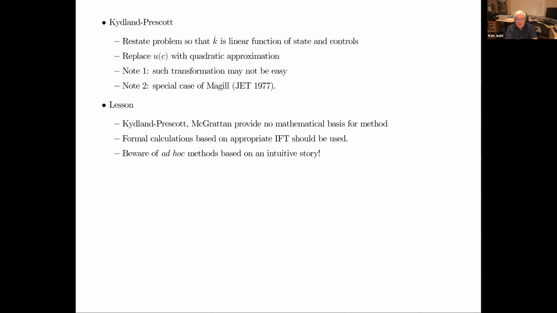But the thing is that nobody, Kydland and Prescott nor McGrattan, provide any mathematical basis for what they're doing. They're basically ad hoc methods. Now, when they are valid, they really are special cases of a paper by Michael McGill in JET in 1977. And he does cite the relevant mathematical foundations.